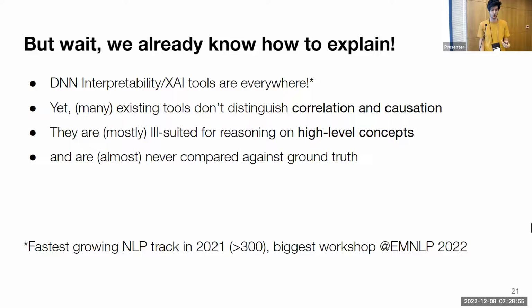However, many of those tools do not distinguish between correlation and causation, meaning that they have a lot of encoded assumptions within them, but they're never explicitly mentioned. And they're mostly ill-suited for thinking about high-level concepts. They usually think about individual words or individual tokens and not about high-level concepts, as we have tried to argue throughout this tutorial. And I think the thing that we should care about most that is problematic within that literature is that they're never compared against ground truth, right?